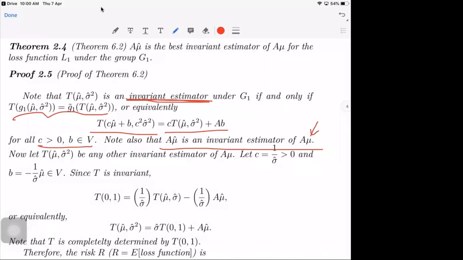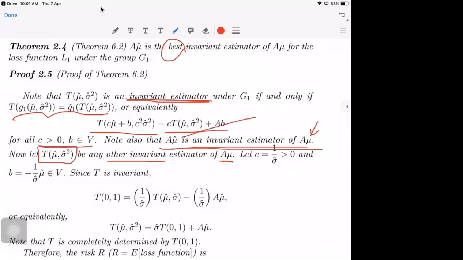So, to show that it is best, it is already invariant with respect to the loss function. To show that it is best, you have to show a competing invariant estimator. So, let T of mu hat sigma hat be any other invariant estimator for A mu.